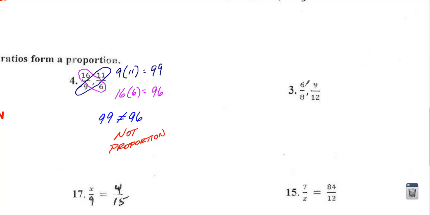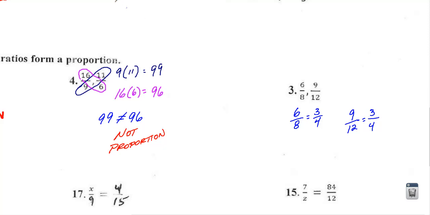On number 3, these look like problems that could be simplified. 6 over 8 simplifies to 3 over 4 pretty quickly. And 9 over 12 simplifies to 3 over 4. 3 goes into 9 3 times, 3 goes into 12 4 times.